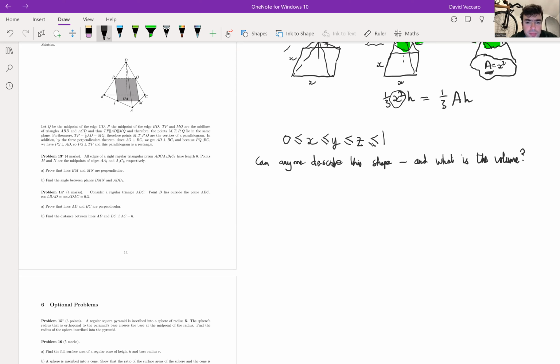So this is the set of points in space where 0 is less than or equal to x, x is less than or equal to y, y is less than or equal to z, and z is less than or equal to 1.